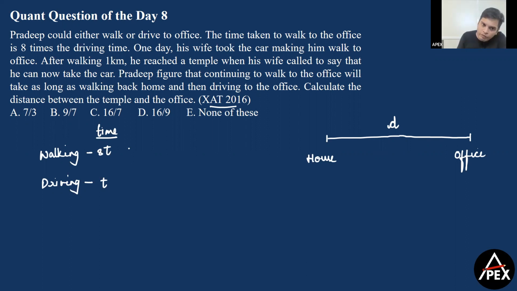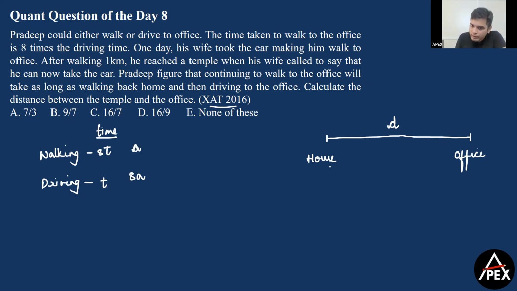Yes. So if I consider his walking speed as a kilometer per hour, his driving speed would be 8a kilometers per hour, isn't it?